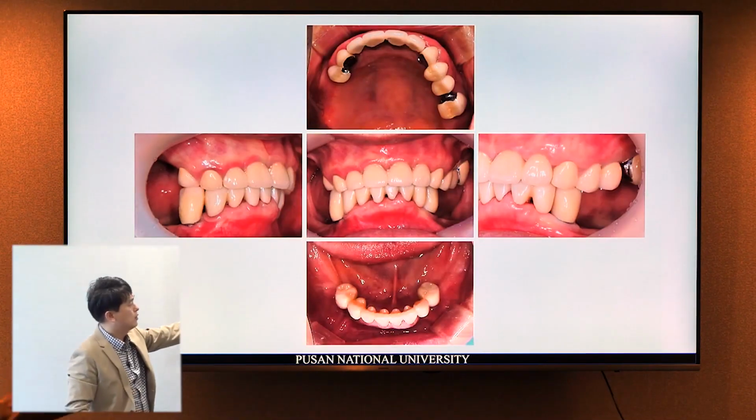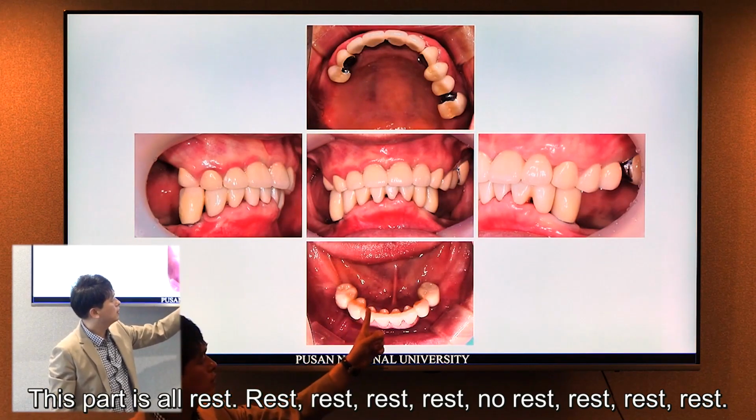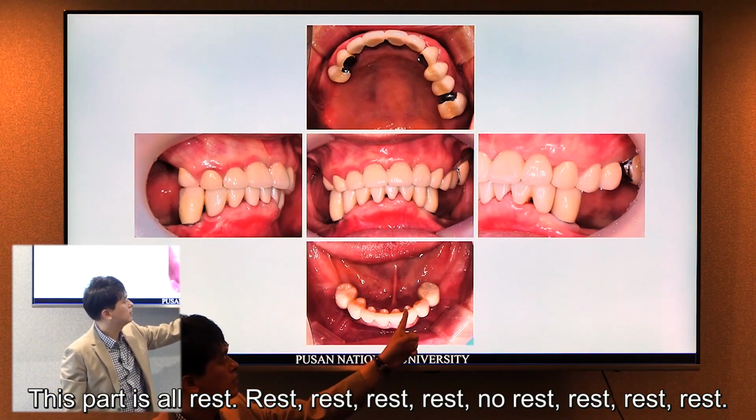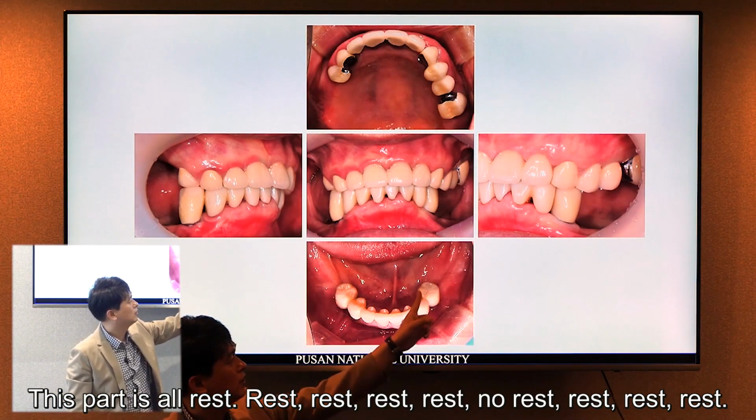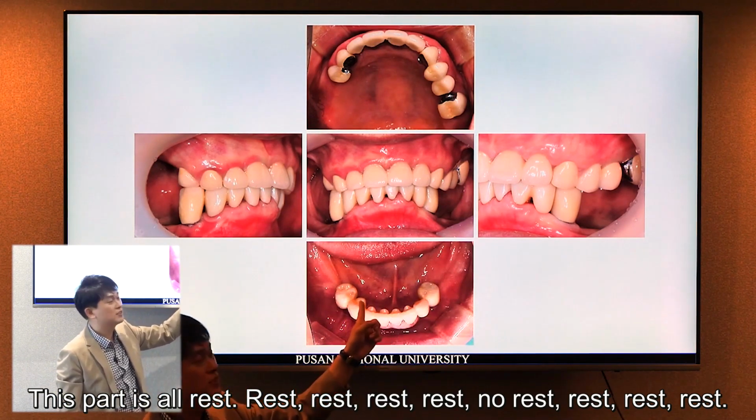Right? This part is all last, not rest. Rest, rest, rest. Okay?